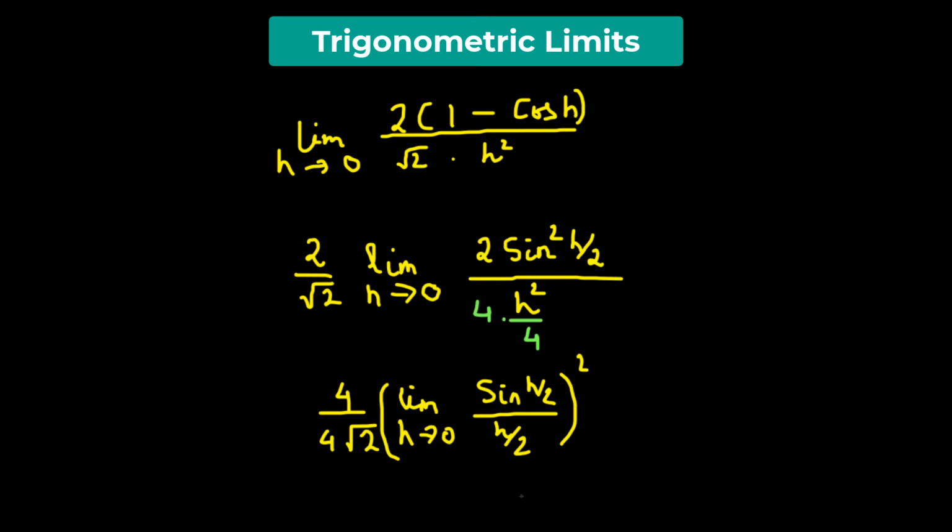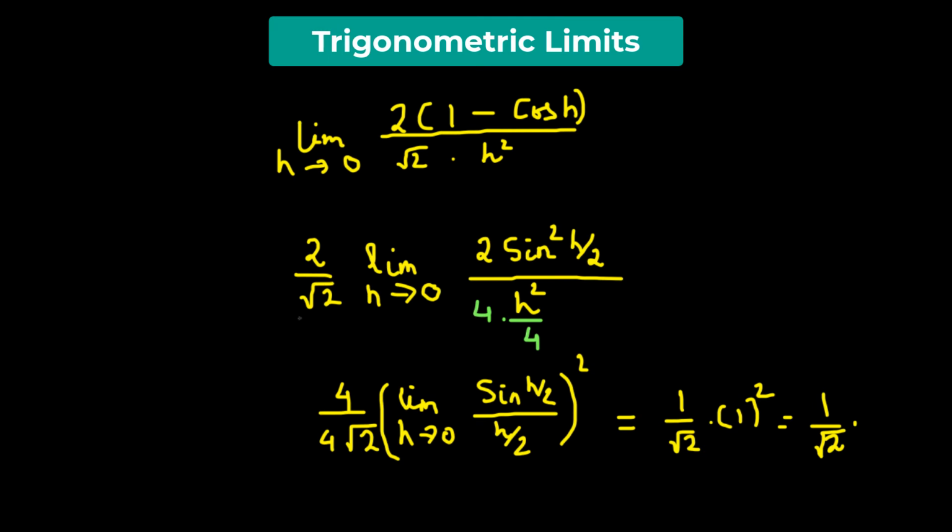Now we know that the limiting value of sine h over 2 divided by h over 2 when h approaches 0 is going to be 1. So that leaves us with 1 over square root of 2. The 4 and 4 get cancelled, times 1 squared. So our limiting value will be 1 over square root of 2.